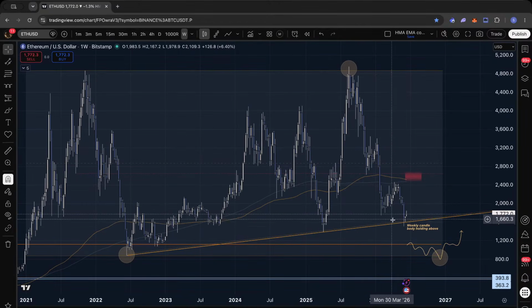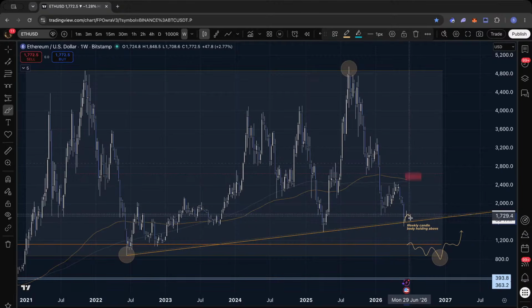I did mention last time that if we get a weekly candle close above, that's a pretty good buying opportunity. We were around the 1.6 thousand area and we had a weekly candle closing above. And indeed, the market can spend a little bit more time here, something like this, and then reject this area once again, 2.2.